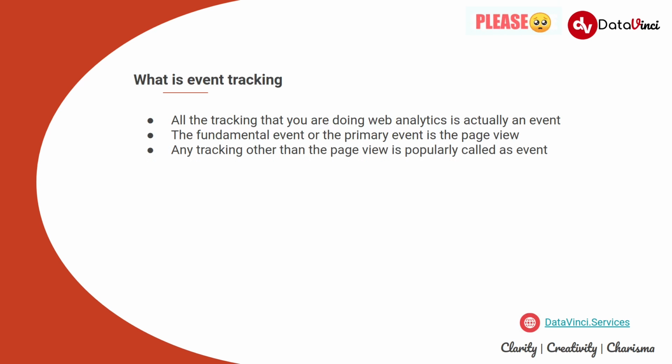Now popularly, any kind of tracking that you are doing, any other interaction that you are tracking for the user that is not a page view, is called an event.